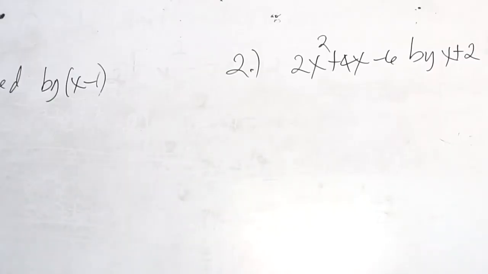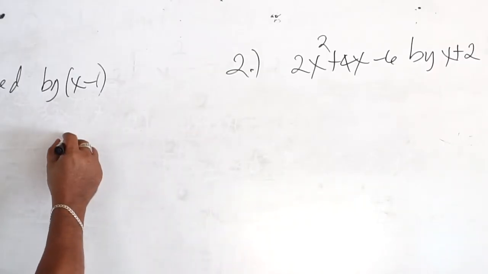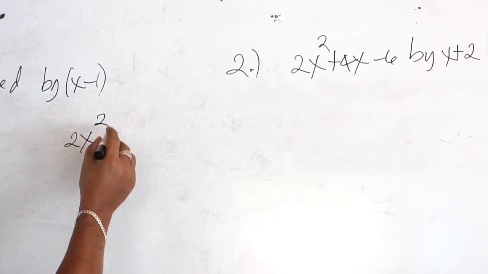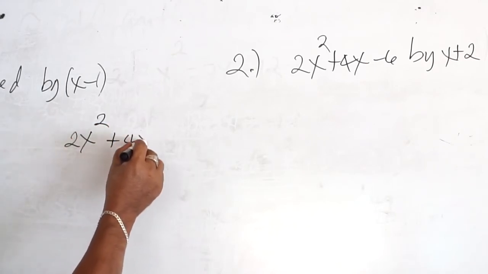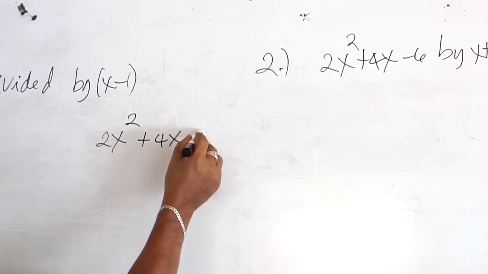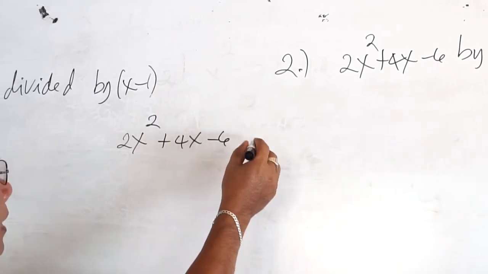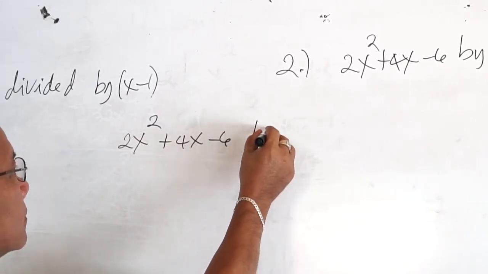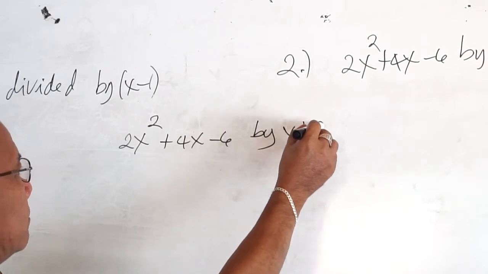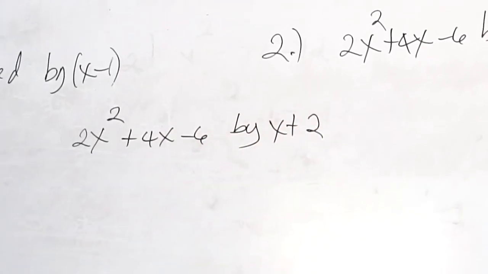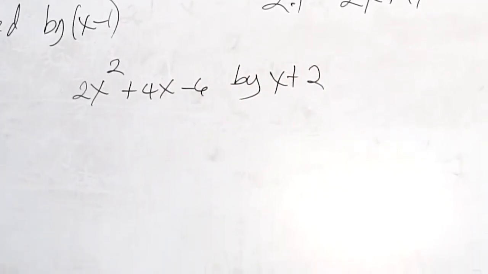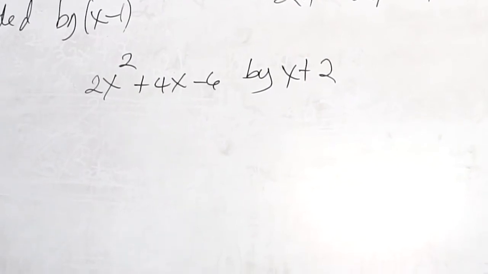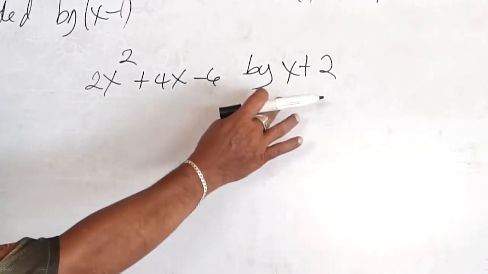For the number 2 example, we have 2x squared plus 4x minus 6, divided by x plus 2. Determine the remainder of 2x squared plus 4x minus 6 divided by x plus 2.